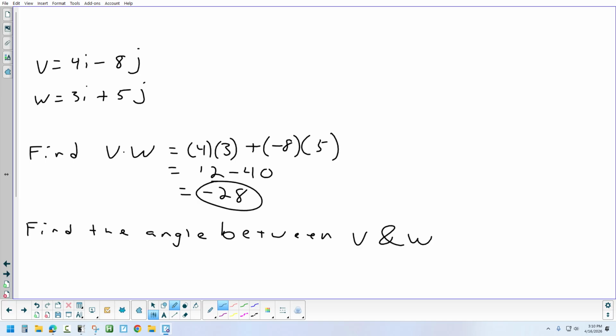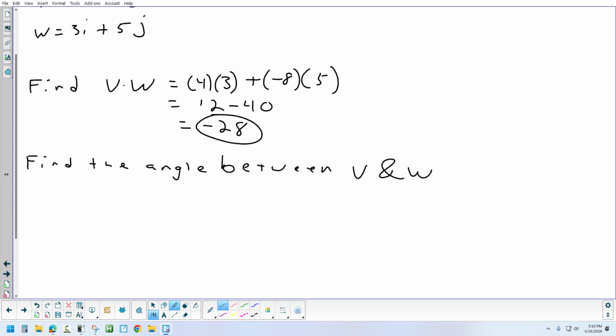Now, they want us to find the angle. What's the formula for the angle between two vectors? Anybody remember? How about Travis? V dot W over the magnitude of V times the magnitude of W. Is that the angle?